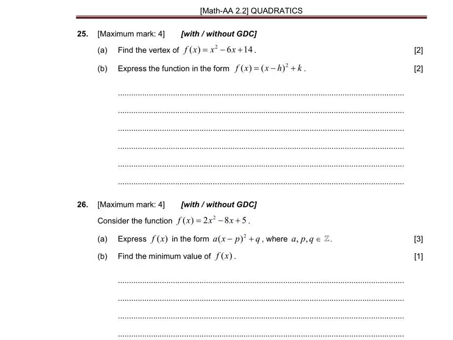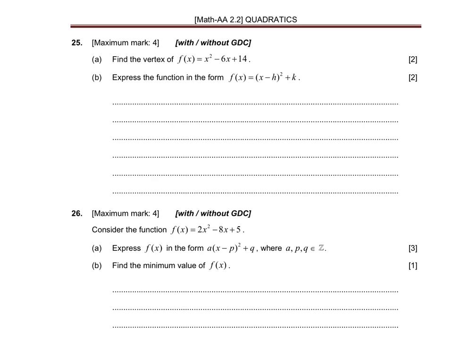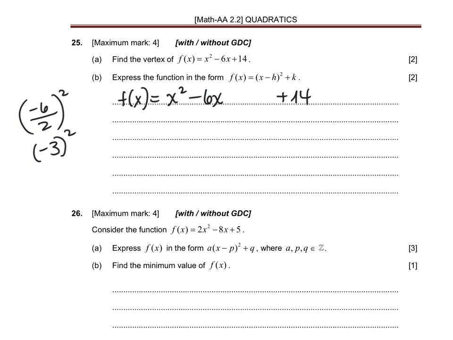So for 25, find the vertex. So what we can do is a couple of things. We can complete the square. So if I leave a space and I do half the middle term squared, that's going to be negative 3 squared, which is positive 9. That goes here. You can't just add 9.